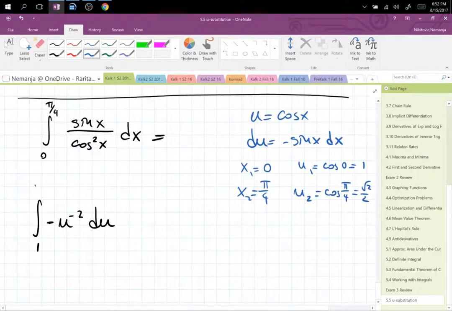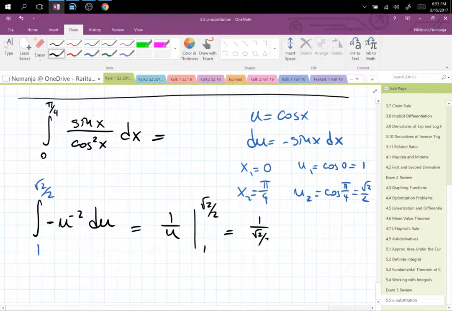So the upper limit is root 2 over 2, and the lower limit was 1. Now we integrate this and get 1 over u computed from 1 to root 2 over 2, which is 1 over root 2 over 2 minus 1 over 1.